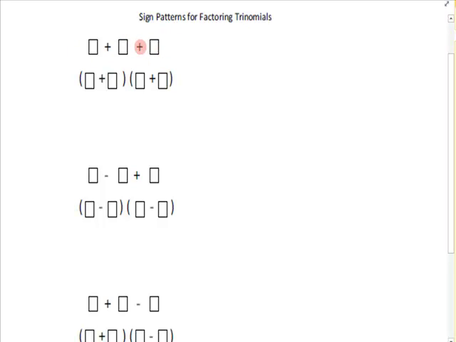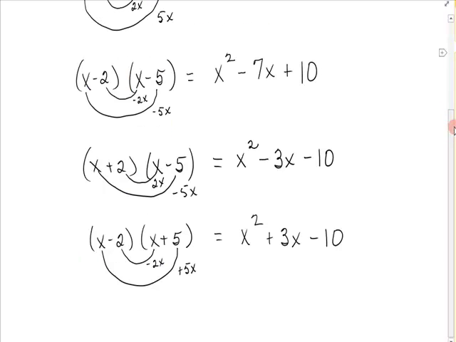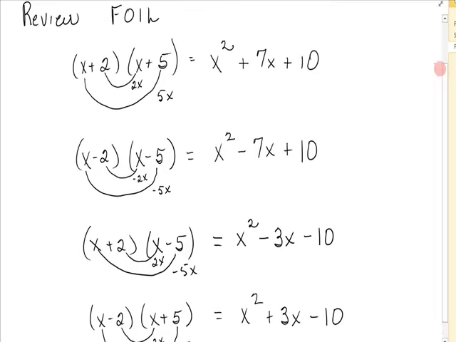Anytime this last sign is positive, then the two signs in your factors have to either be plus plus or minus minus, because that's the only way, thinking about FOIL, to get a positive last term. Go back. I'm talking about these two. The last term is positive. The two signs in the factors must either be plus plus or minus minus to get that 10.